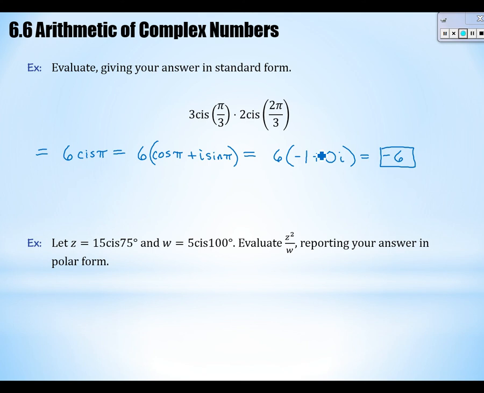What am I asking you to do? Z squared over W. Whoa, okay. Where the Z and W are these things.